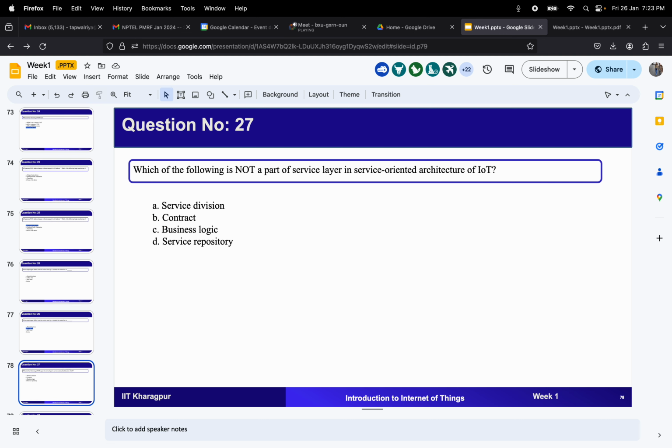Next question is, which of the following is not a part of service layer in service oriented architecture of IoT? Options are service division, contract, business logic, service repository. Anyone? No clue, ma'am.